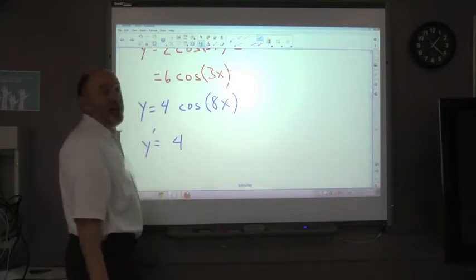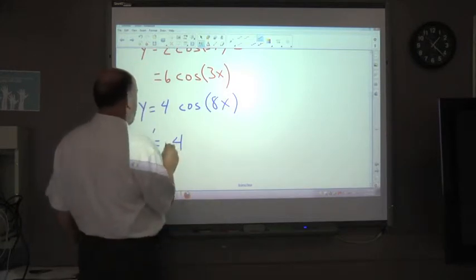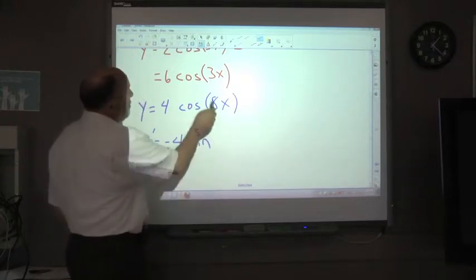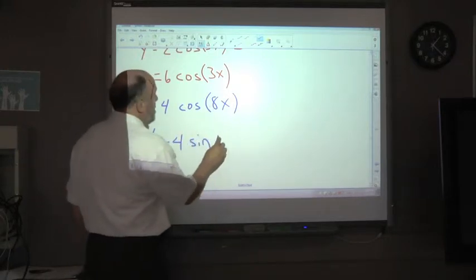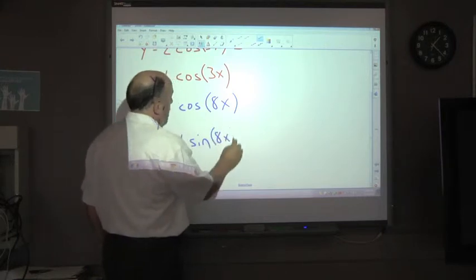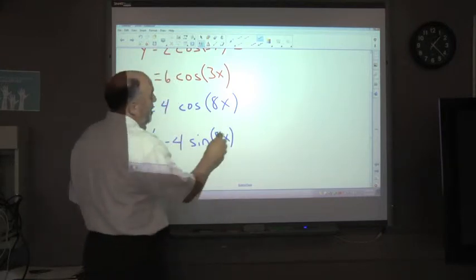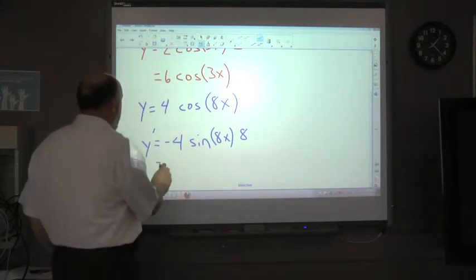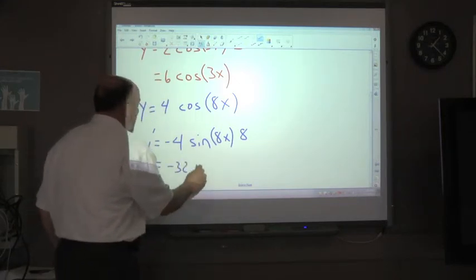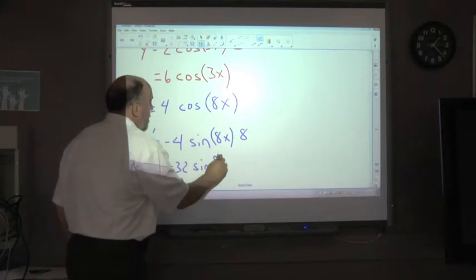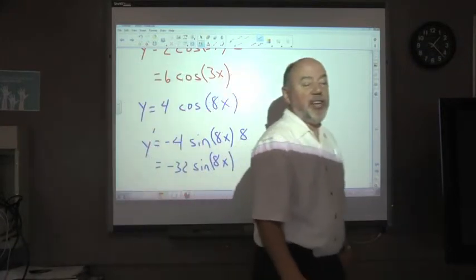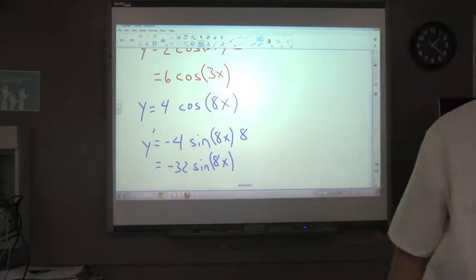Derivative of cosine is negative sine, so let's put the negative out front, and then we get our sine. The angle stays the way it was, which was 8x. And then we take the derivative of the angle, which was 8. And so again, we can combine and simplify a little bit, and we end up with this being my derivative. And again, derivative is a rate of change on the curve.